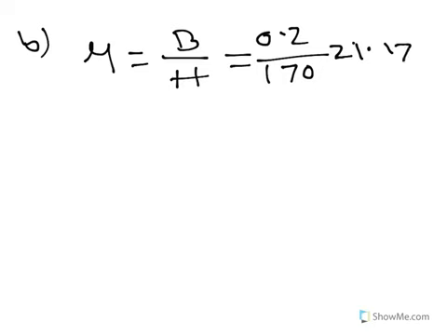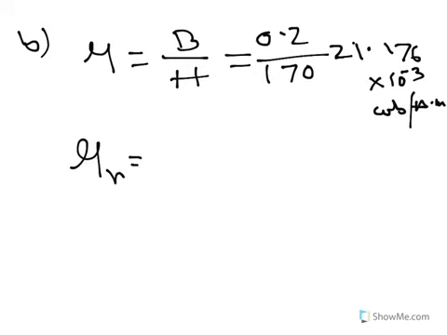1.176 into 10 to the power minus 3 Weber per ampere meter. Okay, that's what we are getting here for mu, and then mu naught and mu give the relative permeability.